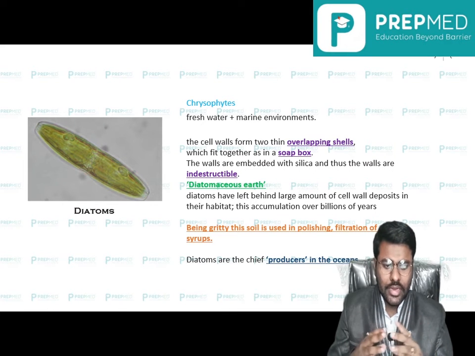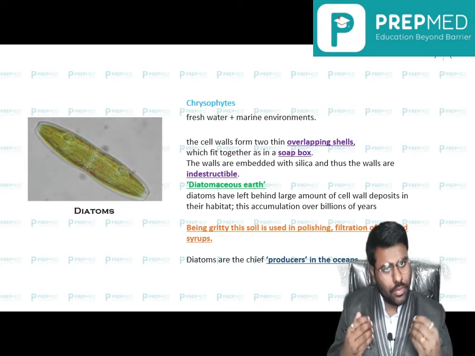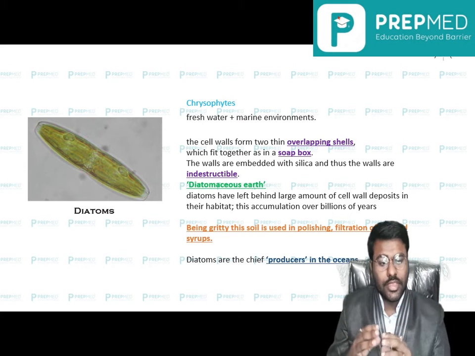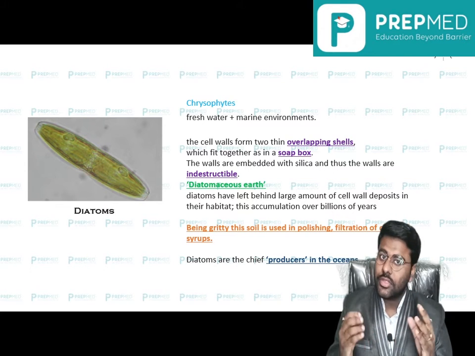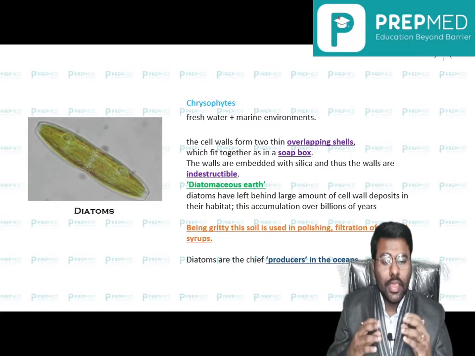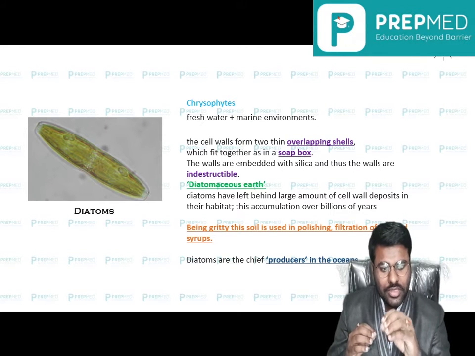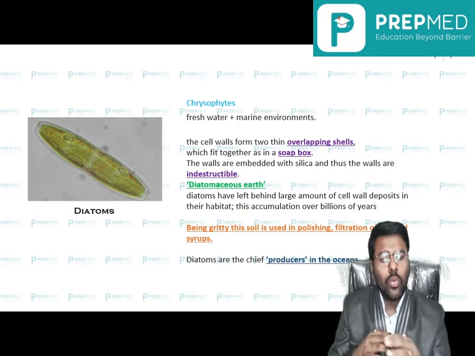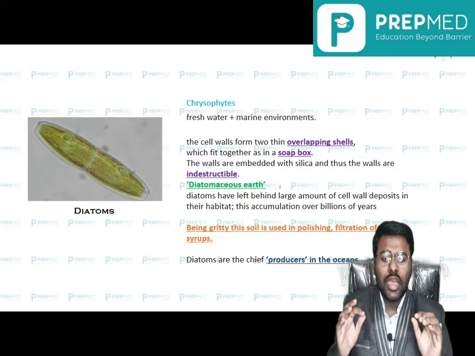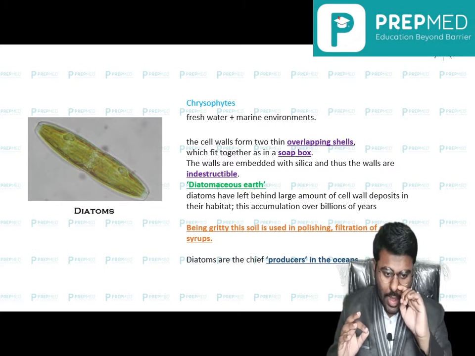So when the diatoms died, they left the cell wall because the cell wall is indestructible, and these cell walls deposit in our environment over billions of years and form diatomaceous earth.